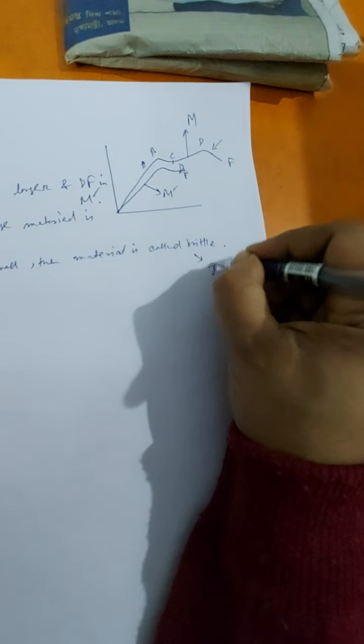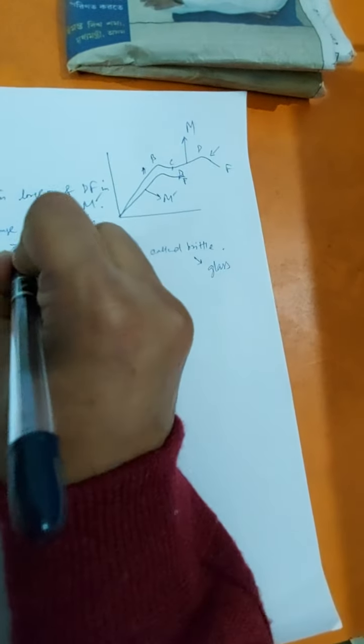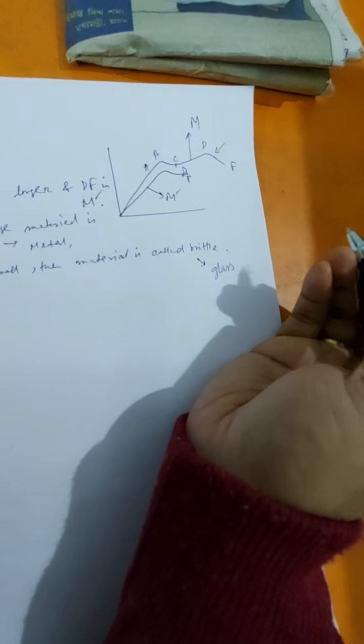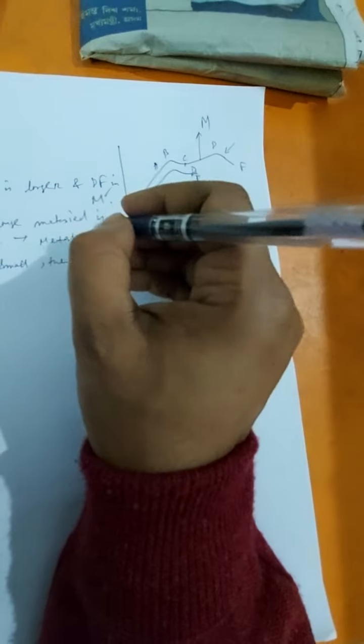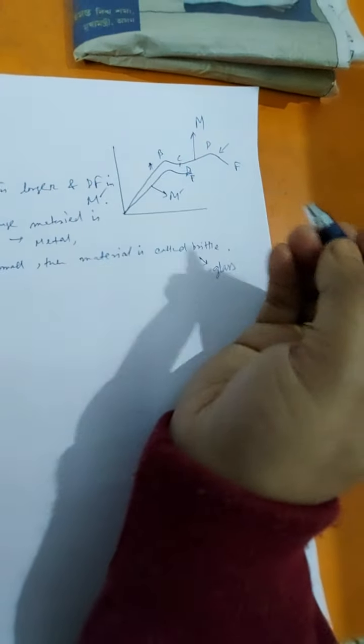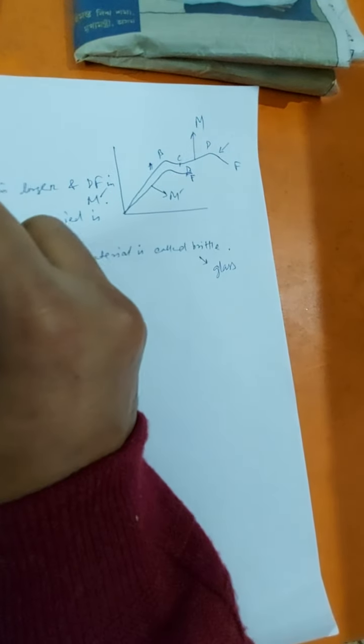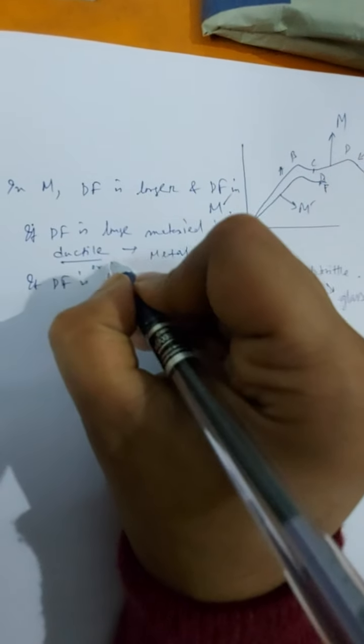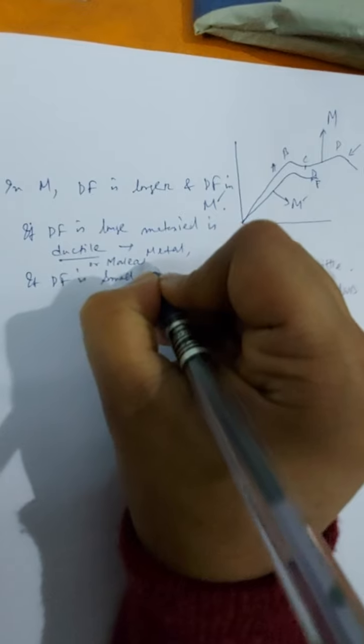Example, glass is brittle. Metals are ductile, fine. Ductile is also called malleable.